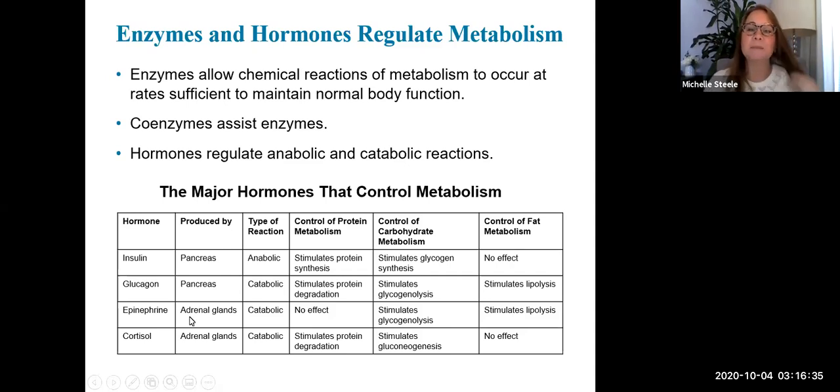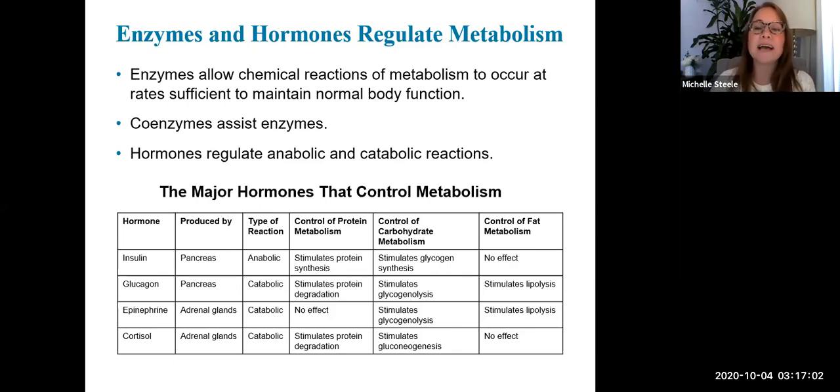Next, we have epinephrine, and that is being released from the adrenal glands. This is also helping to facilitate a catabolic reaction. In this case, it's really governing the glycogenolysis effect and stimulating lipolysis. And finally, cortisol. Cortisol is that fight or flight hormone that we get when we need that burst of energy.